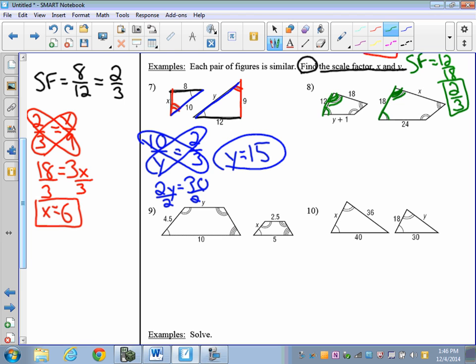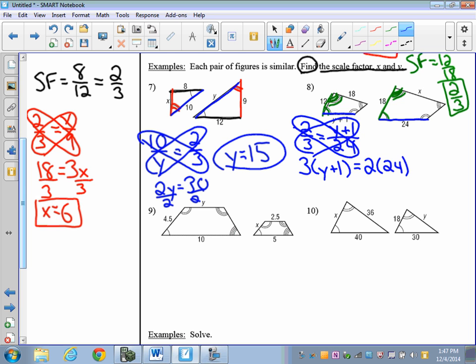I need to solve for x and y. I'm just going to solve for y. So we get 2 over 3 is equal to y plus 1 over 24. When I cross multiply, I get 3 times the quantity of y plus 1 equals 2 times 24.